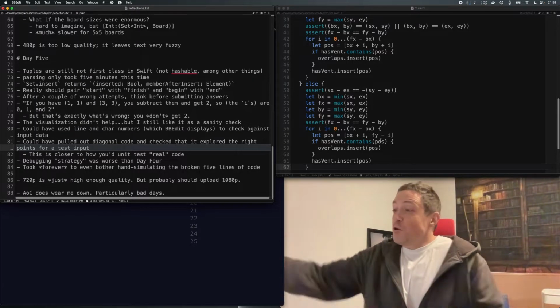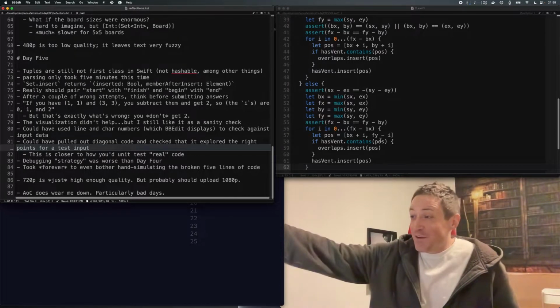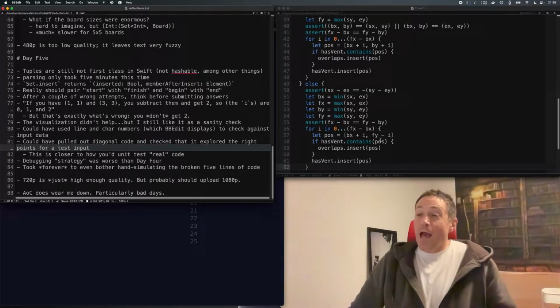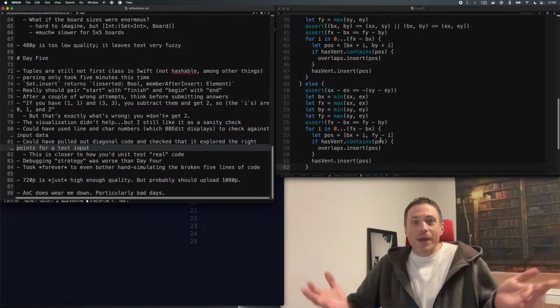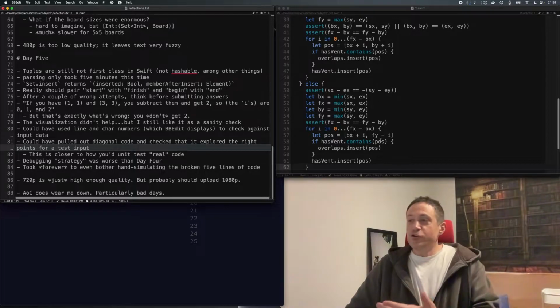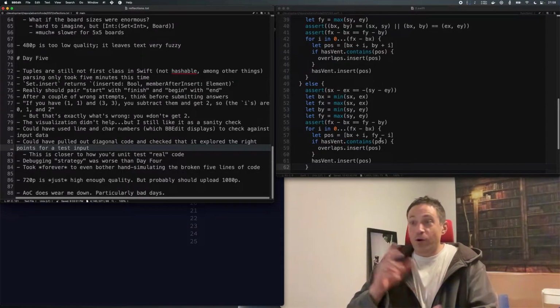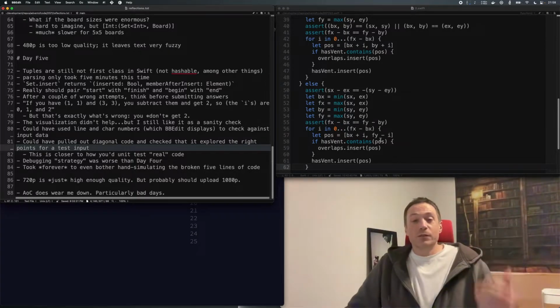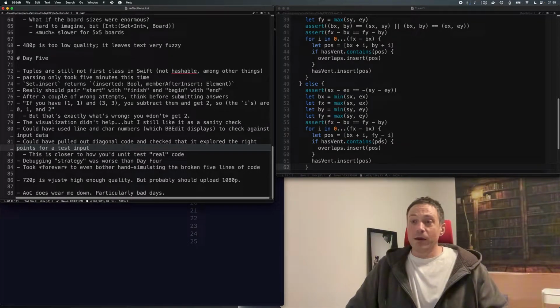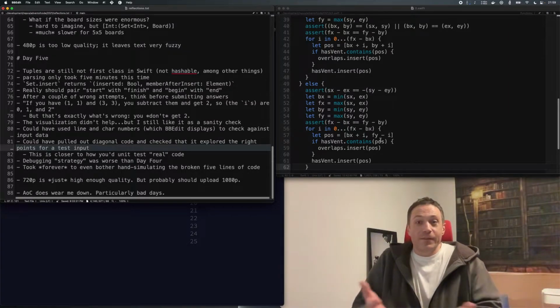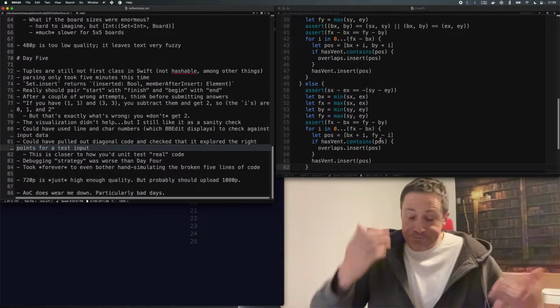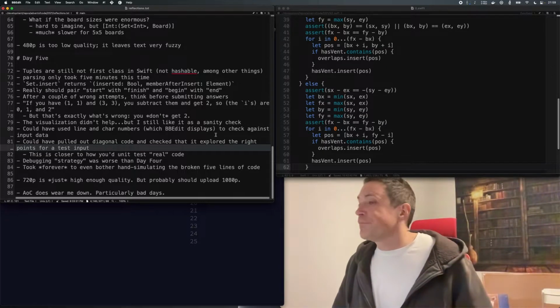In fact, I knew that the bug was in these 5 lines of code, and yet it took me forever, 20 minutes or something like that, before I even tried hand simulating. And as soon as I hand simulated it across a sample input, it was obvious what I was doing wrong. And if you only have 5 lines of code, the first thing you do is hand simulate them. So I just don't know what I was thinking.